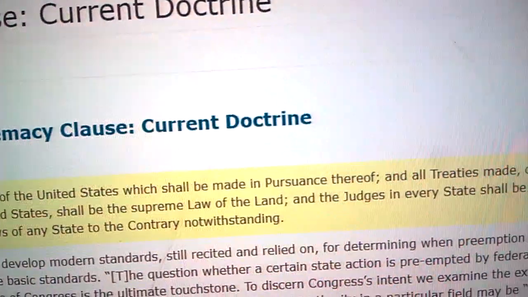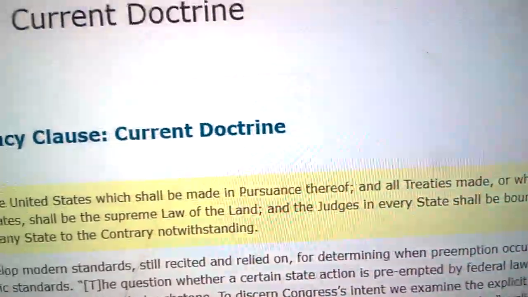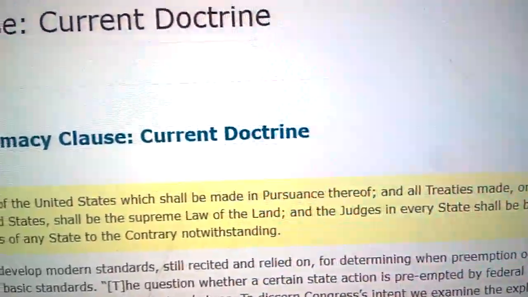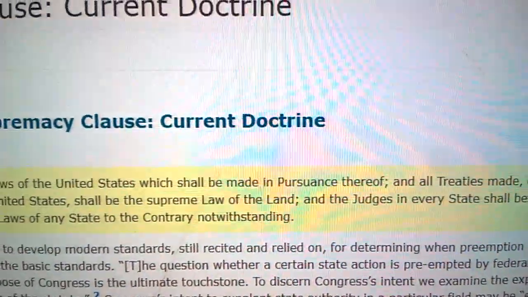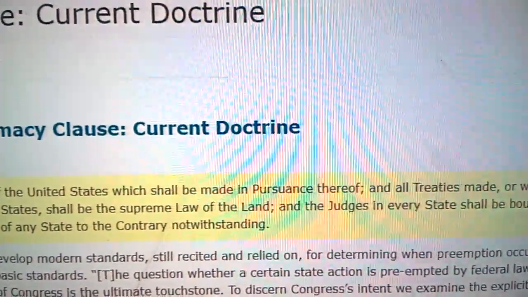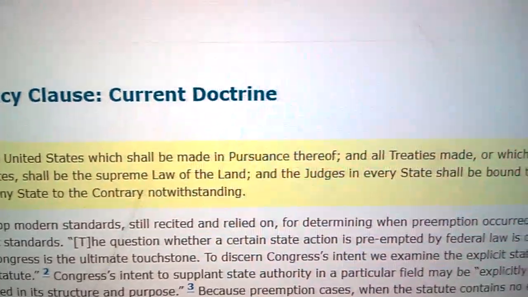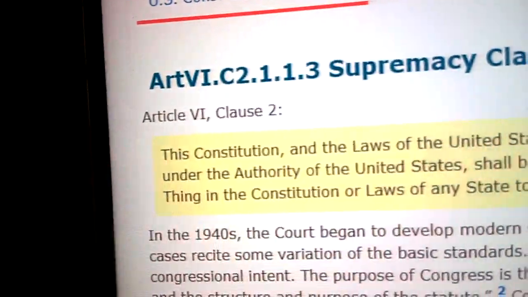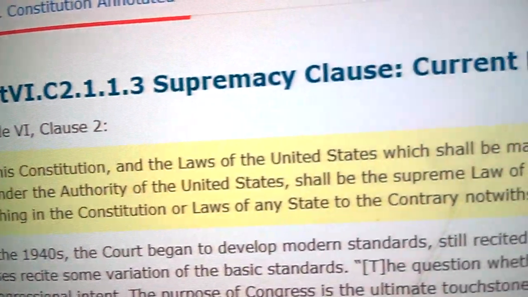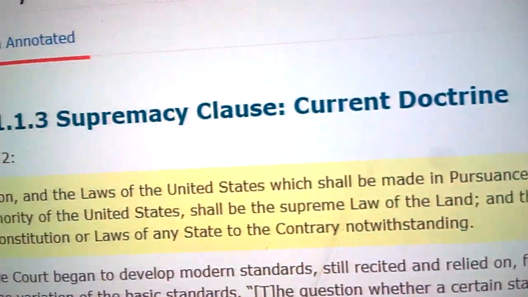And the judges in every state, i.e., state, notice state, not countries around the world, state. So that this is a clause designed to show that federal laws supersede state laws, shall be bound thereby. Anything in the Constitution or laws of any state to the contrary are notwithstanding.